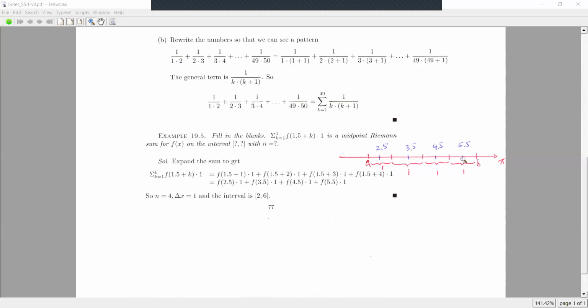The midpoint is 5.5. Then what is B? B is 6. So the interval is 2 to 6. Therefore, this is a midpoint Riemann sum for function f. I don't know what the function is. Okay, on the interval 2 to 6 with the number of rectangles 4.